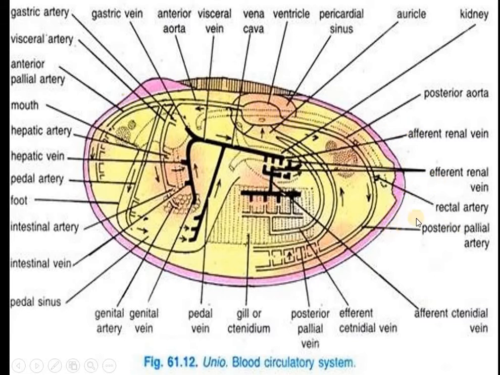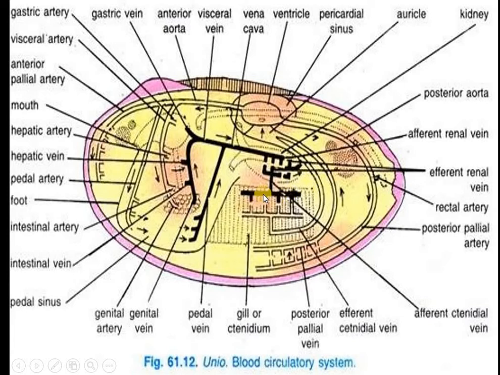The anterior pallial artery gives off many branches, and the posterior pallial artery also gives rise to many branches, and these are considered arteries. And of course the veins, which you observe in grey or black color, are the veins.